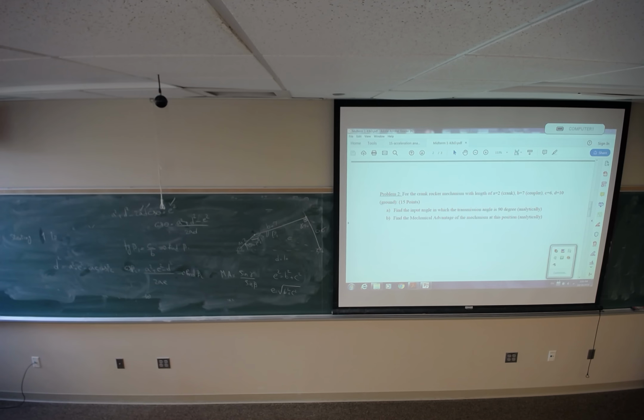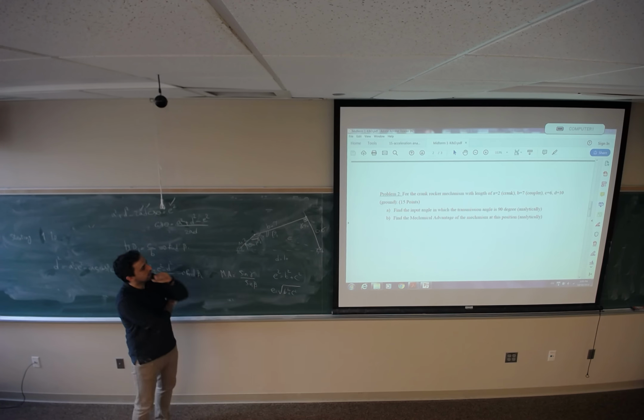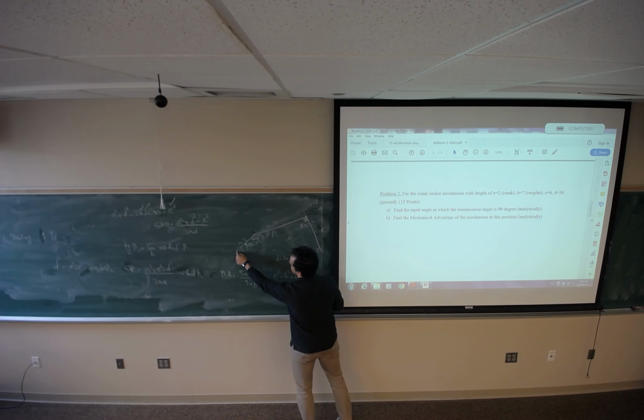Any question on this? Is beta 2 the entire angle between them, or is it between E and A? Between E and A. Okay. Because we are going to add beta 2 to beta 1 to get the entire deviation angle.